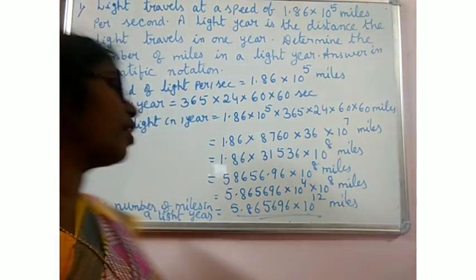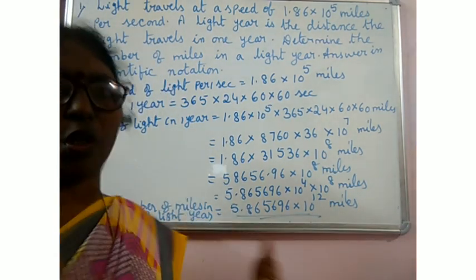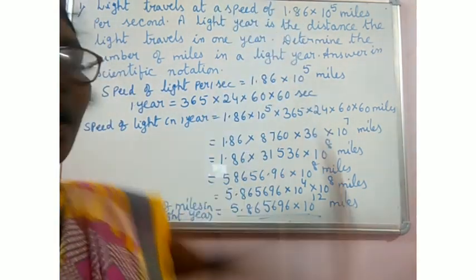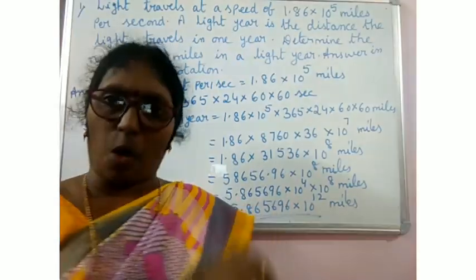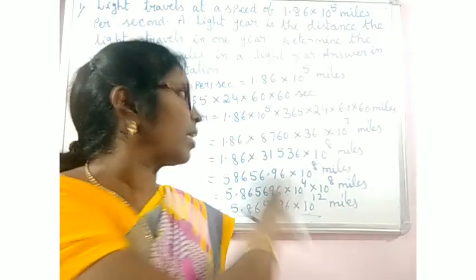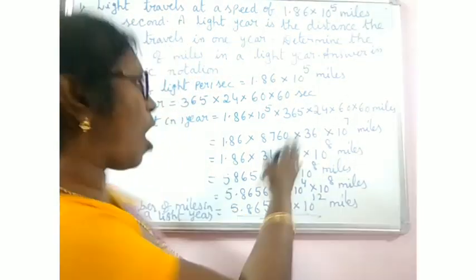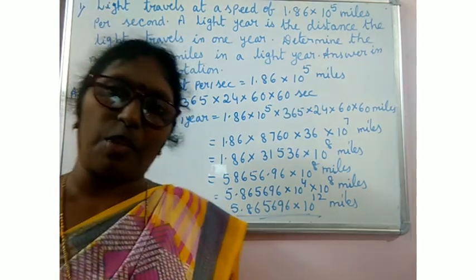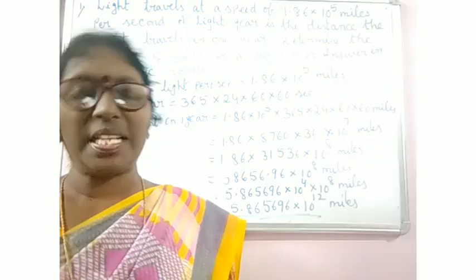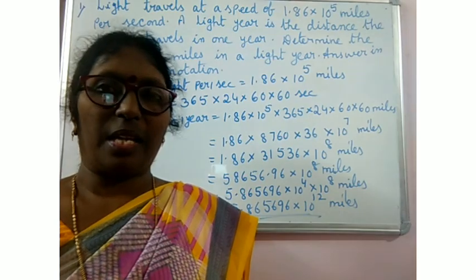Even if it is not mentioned, you always have to show it in scientific notation. You see how the question is given. Children, it is a complicated problem, but see how I have done the multiplications stepwise. If you do it like that, it will be easy. Please go through and solve the sum. Thank you.